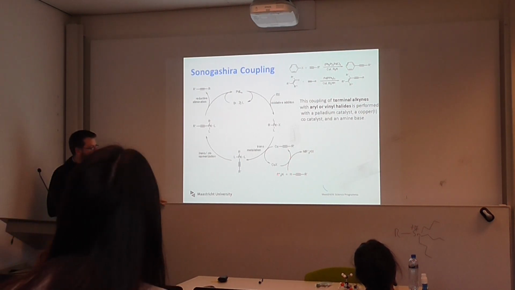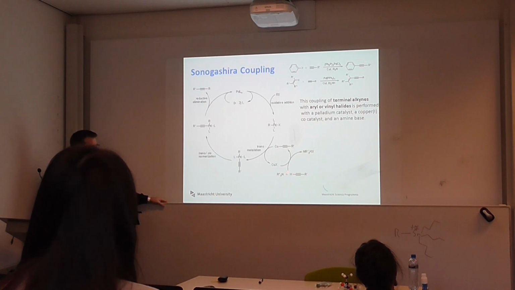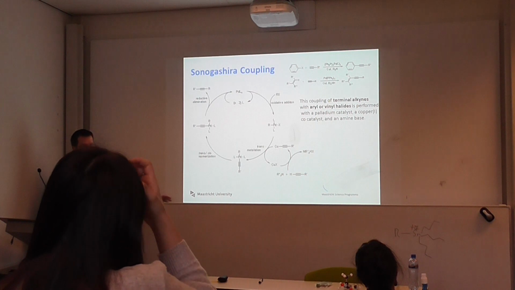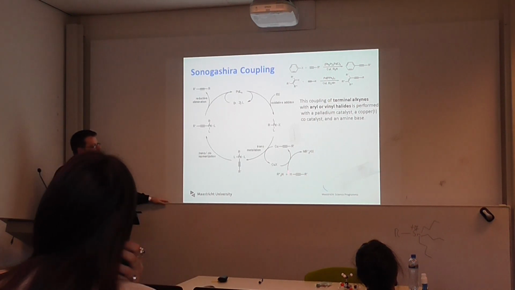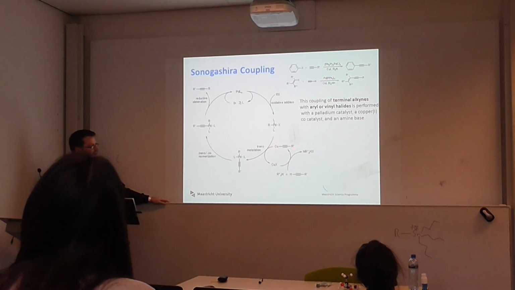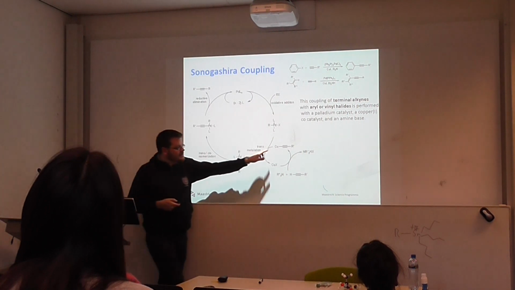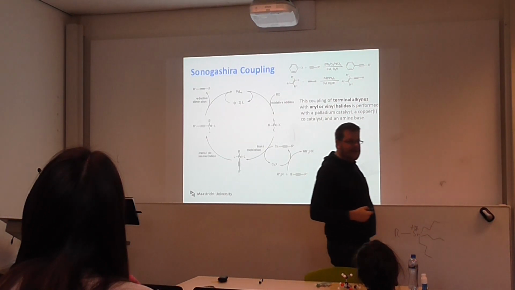The alkyne, in the presence of a base, so it's base mediated, reacts with the copper 1 halide, could be iodide, chloride, doesn't matter, and you form a pretty reactive copper acetylide intermediate. So this is a metallated alkyne, okay?